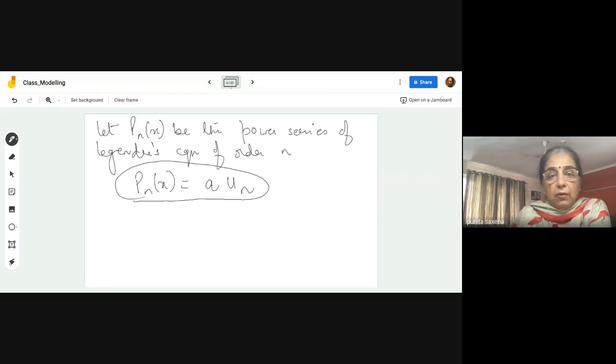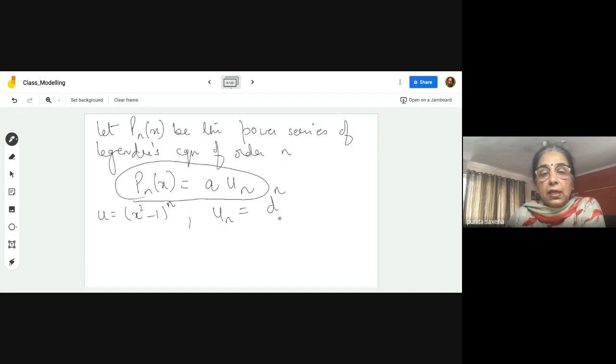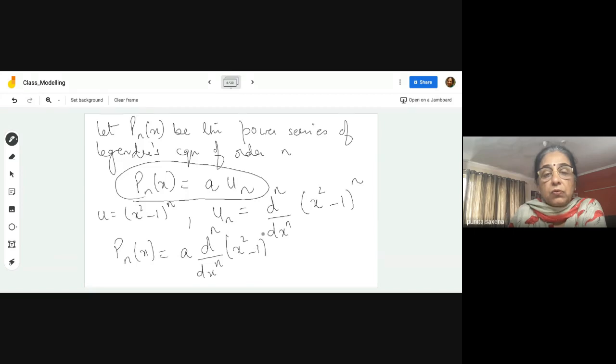Okay. Now, see, what was your u? Your u was x square minus 1 to the power n. So what do we mean by un? Un means the nth derivative of x square minus 1 to the power n. So basically, your Pn(x) is nothing but a into the nth derivative of x square minus 1 to the power n. Is this clear?